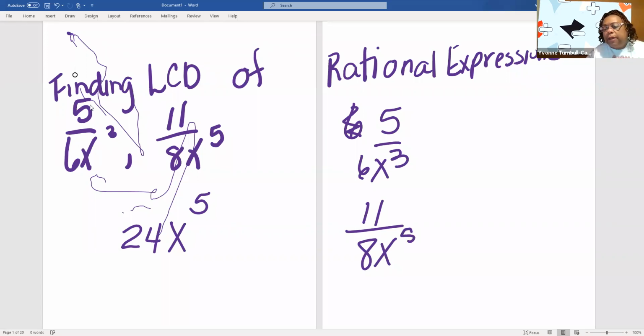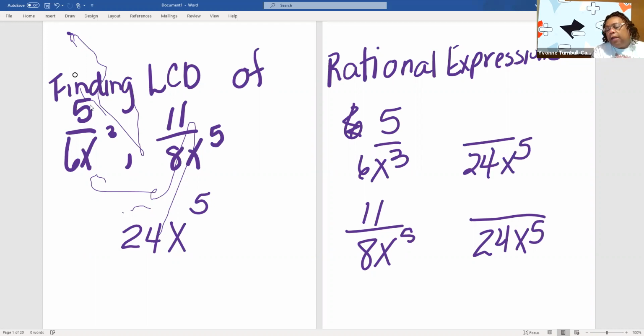And I'm saying that my LCD is 24x to the 5th. That's what my LCD is. Now, it couldn't be x cubed, because if it was x cubed, I'd have to go from 5 down to 3. So it makes sense it would be the larger exponent.